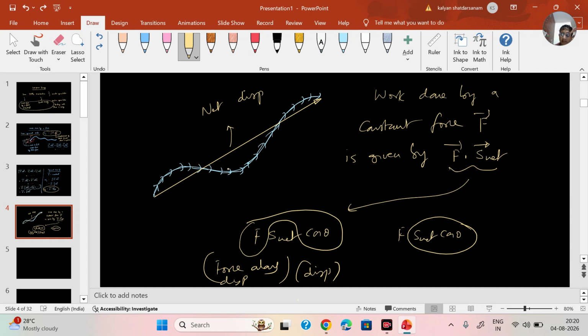I will show you one example where we can use this idea. So first you should understand that work done by any force is integral F dot ds. Work done by a constant force is F dot S, where S is the net displacement. That F dot S we can write as F S cos theta. You can club cos theta with F, or you can club cos theta with S net. It's up to you.